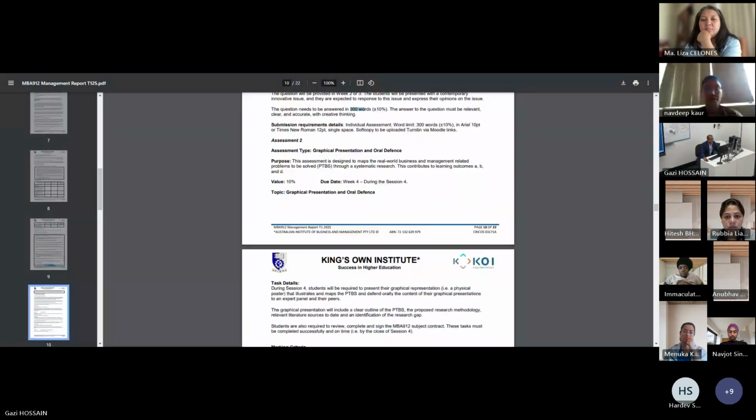Assessment 2 is, as I said, the graphical presentation, and you will be presenting on a big A3-size or even bigger poster. You will present that poster during the class on week 4. In this assignment, you need to think about one of the management problems, any management problem, that needs to be solved.